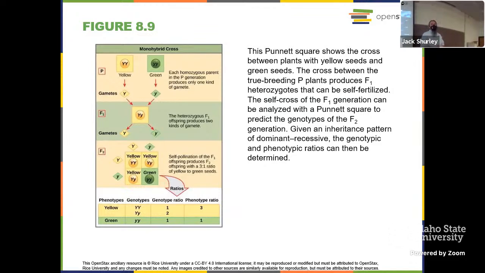Okay, so quickly, I do think we talked about this, but I'm going to start off right here just because it seems like a good point to review a little bit. We're going to look initially with this one at a monohybrid cross. So just one thing, in this case, the pea color.